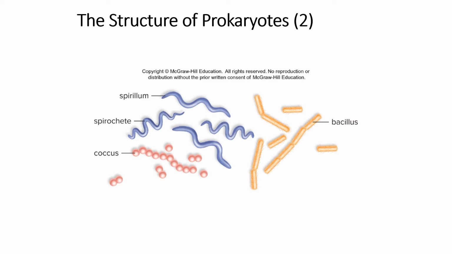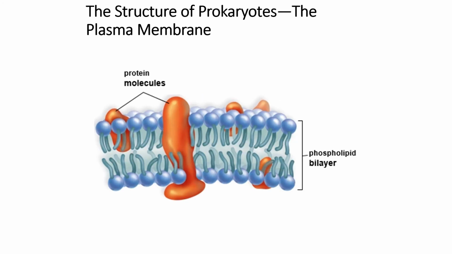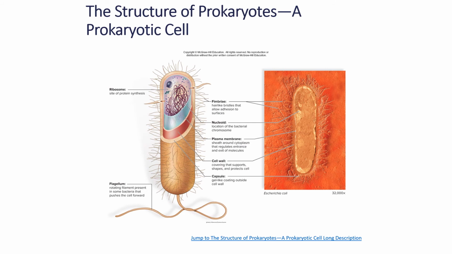So here you can see the three shapes, but we have more to talk about their structure. This reddish orange layer is the cell wall.